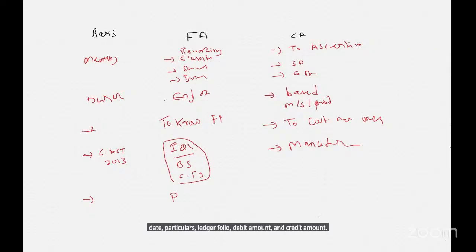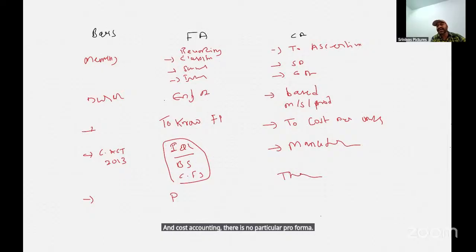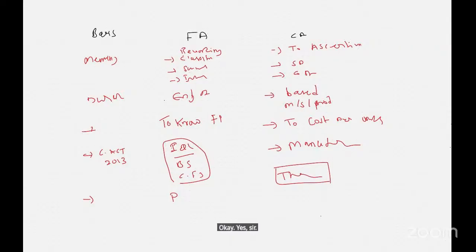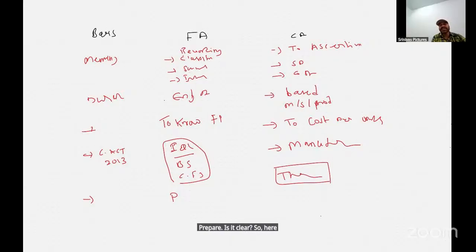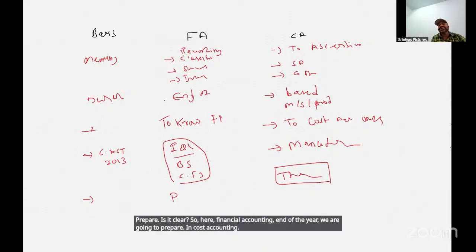In cost accounting, there is no particular proforma. According to your convenience, you prepare it. Financial accounting is prepared at the end of the year; cost accounting is prepared continuously, according to the function of the element.